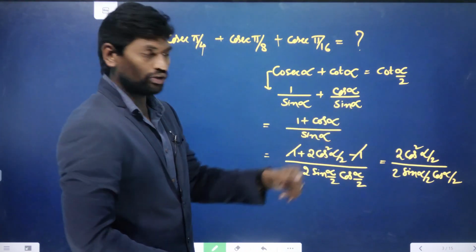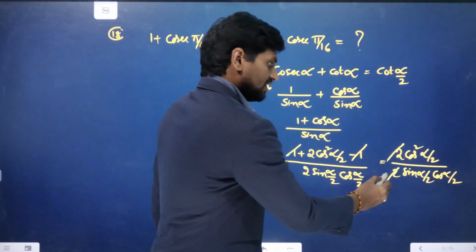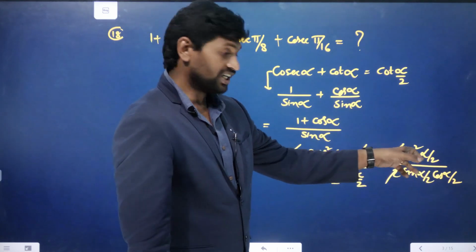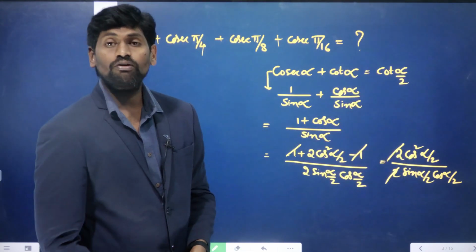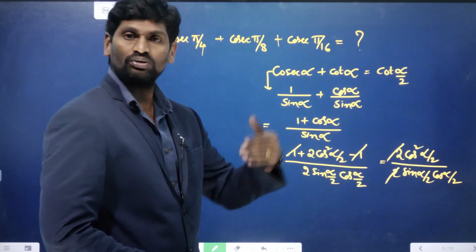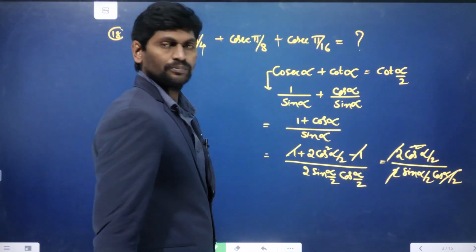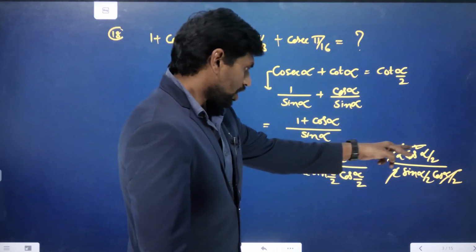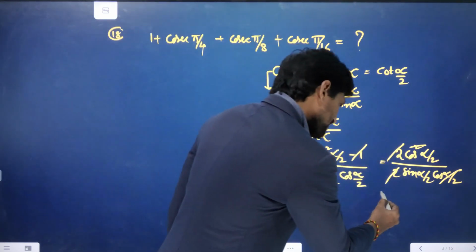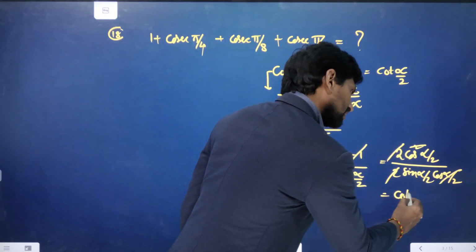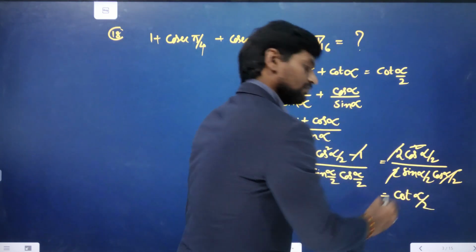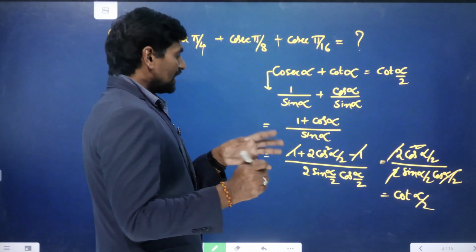Okay, numerator and denominator 2's cancel. Here numerator cos square alpha by 2 means cos alpha by 2 into cos alpha by 2. That means one cos alpha by 2 and the denominator cancel. What is remaining? Cos by sin. Cos by sin is nothing but cot. Cot alpha by 2.